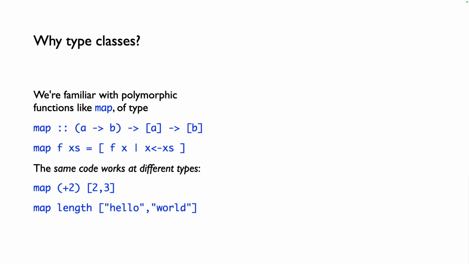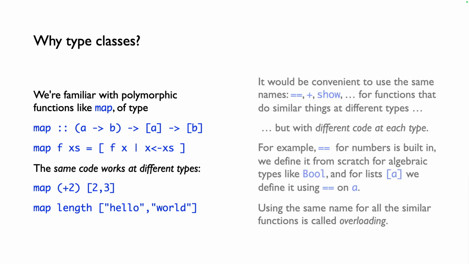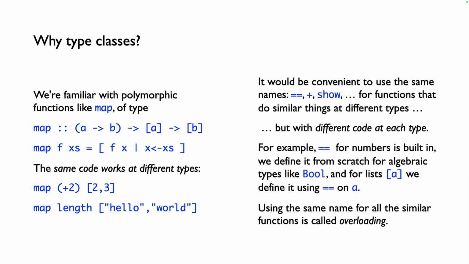Now we're using the same code at different types. It would be really convenient to use the same names like equals for equality, or plus and show for functions that do similar things at different types. But that would mean they have different code at each type. So for example, equality is built in for numbers.